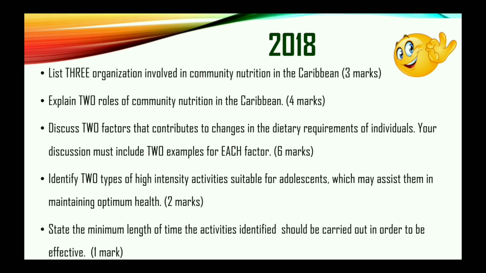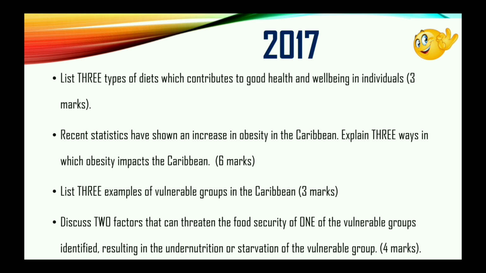Identify 2 types of high-intensity activities suitable for adolescents, which may assist them in maintaining optimum health. 2 marks. State the minimum length of time the activities identified should be carried out in order to be effective.